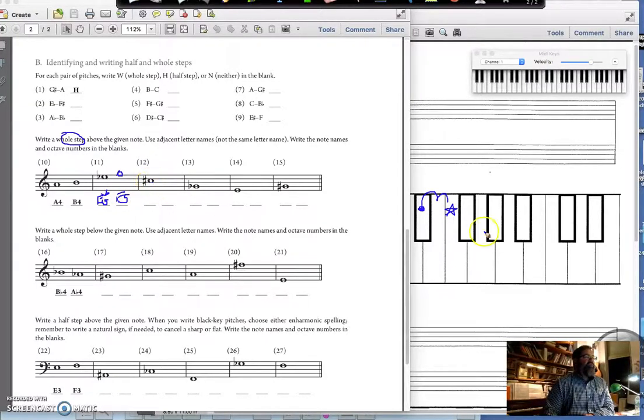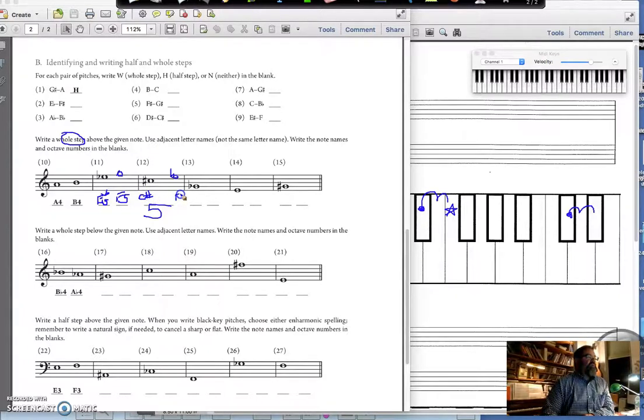What about C sharp? If I'm here, I want to go a whole step above a C sharp, I know I'm going here. Now, that could be E flat, which would look kind of funky if you ask me. E flat 5, these are all in the 5 octave, by the way. Put the C sharp name here.